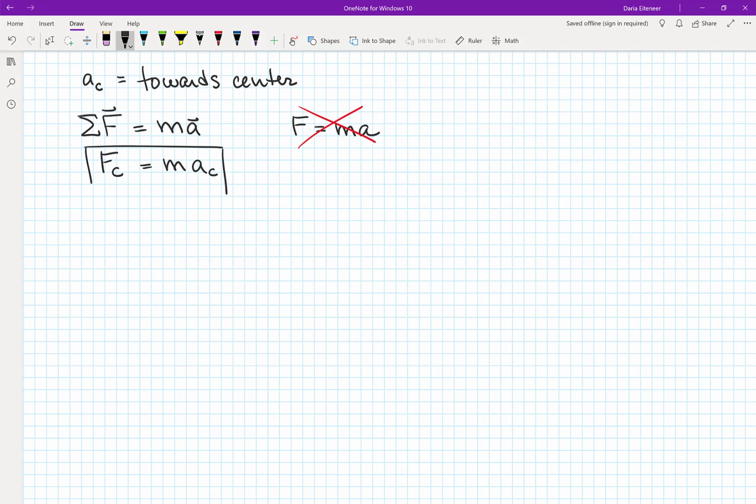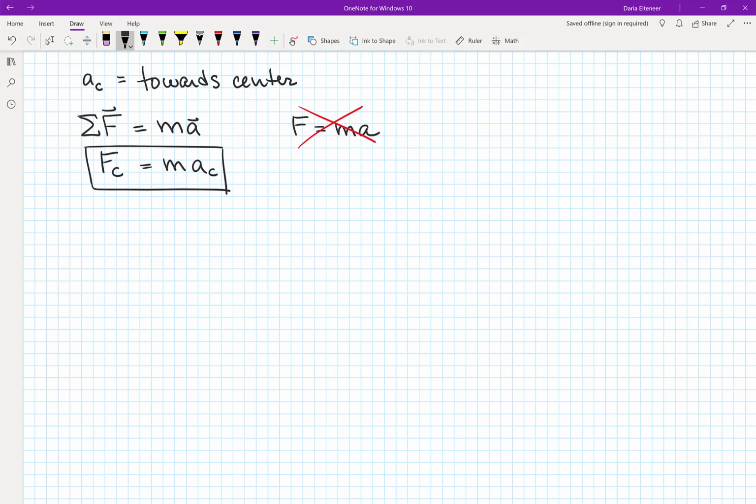So this is a valid equation. And the reason is that centripetal force is not an additional, separate kind of force, but it's actually the net force acting on the object if an object is going around a circle, or even part of the circle, like an arc.